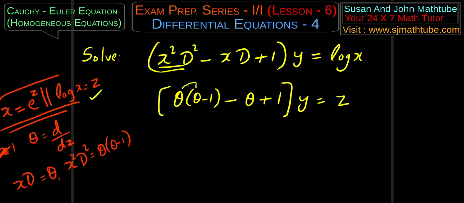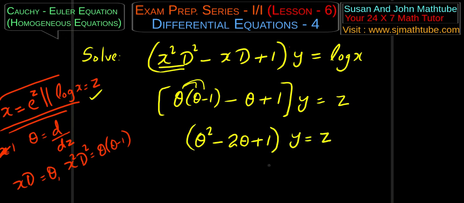And if you open the bracket and simplify, you will get theta square minus 2 theta plus 1 of y is equal to z. Now look at this. This is the same as d square minus 2d plus 1 of y equal to x. It's the same thing. But instead of d, we have theta, and instead of x, we have z.